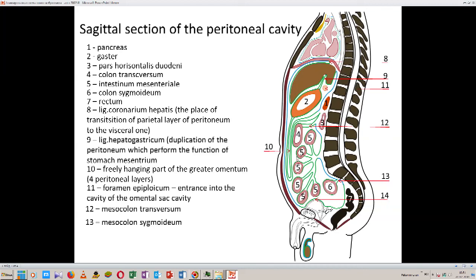This pathology is called ascites, in Latin ascites.